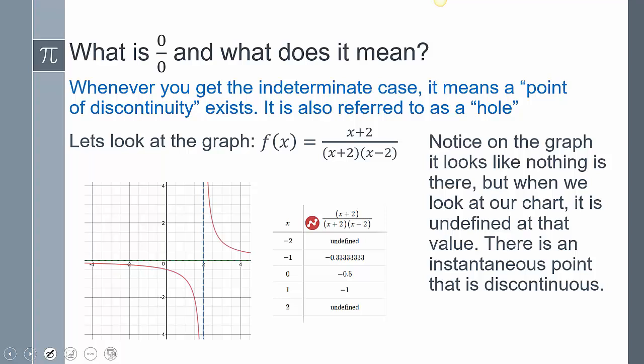But if you were to look at the chart, at this -2, there's this value right here that is like an instantaneous point that's discontinuous. And that's why we call it a point of discontinuity, or a hole, because it just represents this hole that exists on our graph.